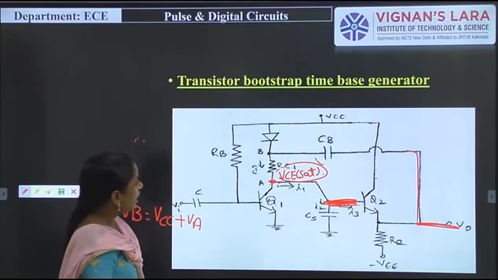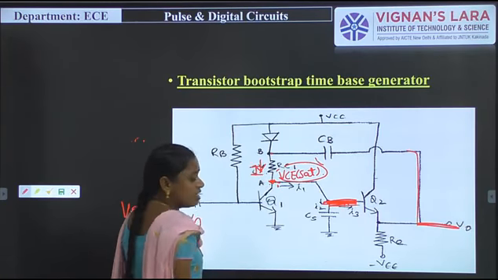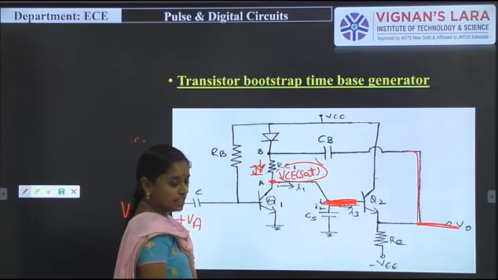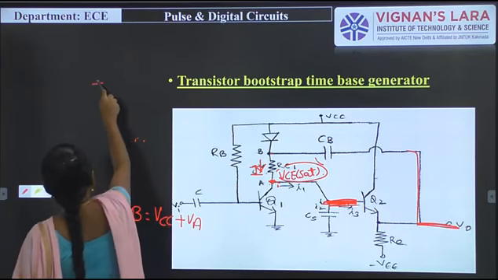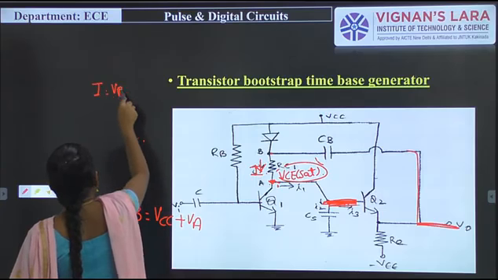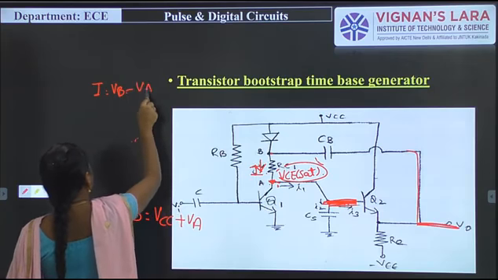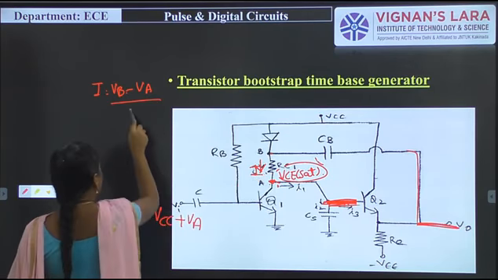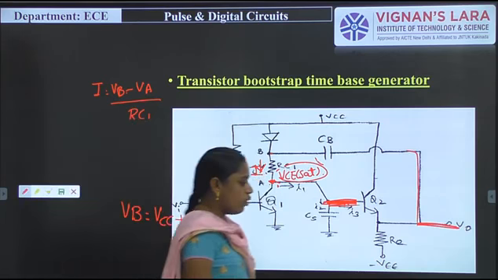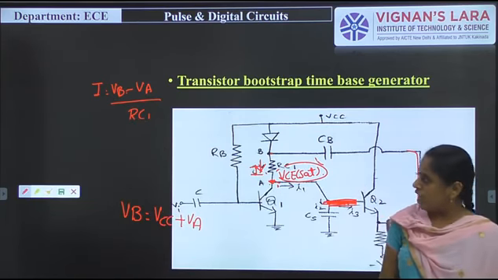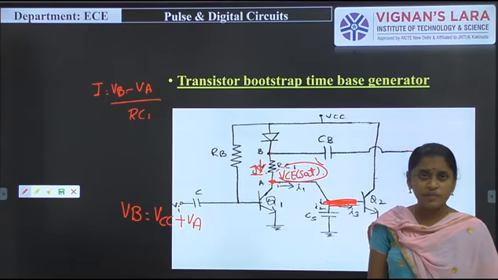From that figure we can indicate that the major thing is a constant current flowing in that circuit. That is, I is equal to, where does it start? It starts at the position of VB and ends at the position of VA: VB minus VA divided by RC1. After that, as we know, what is the VA here?